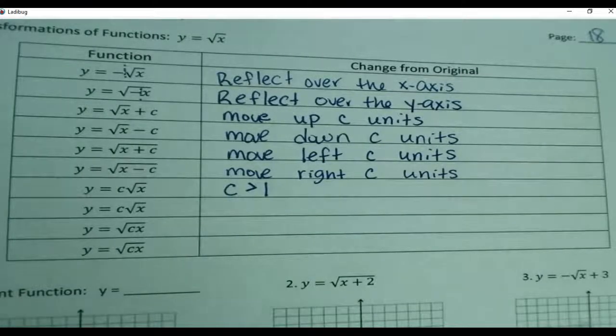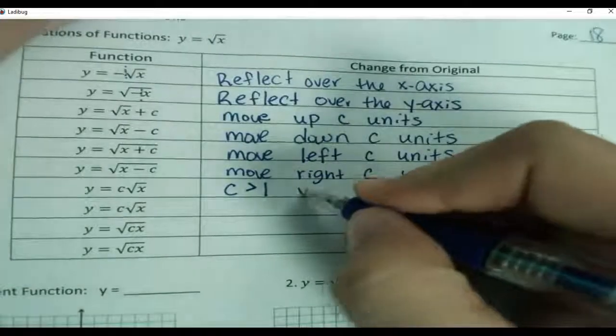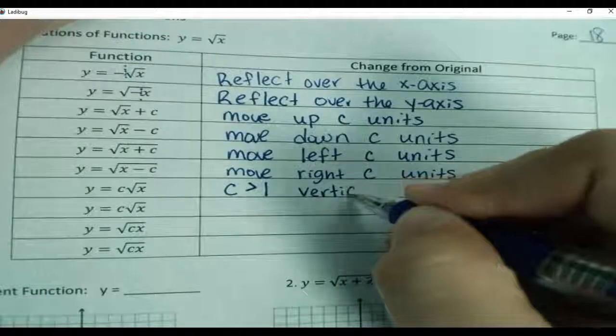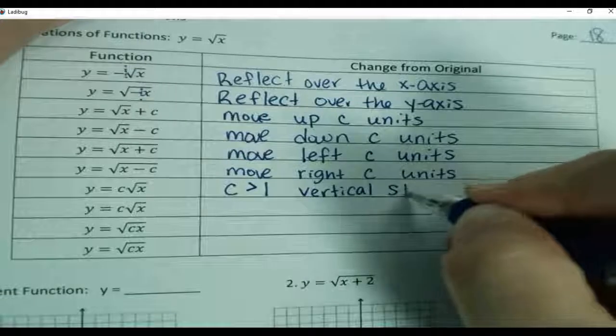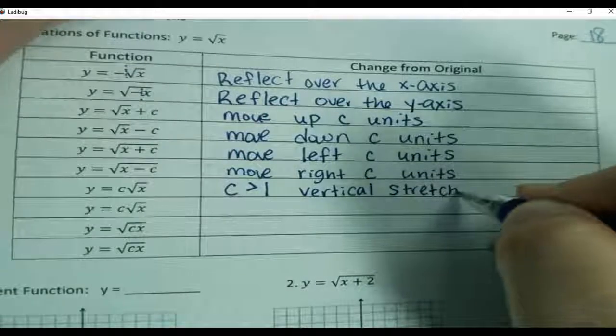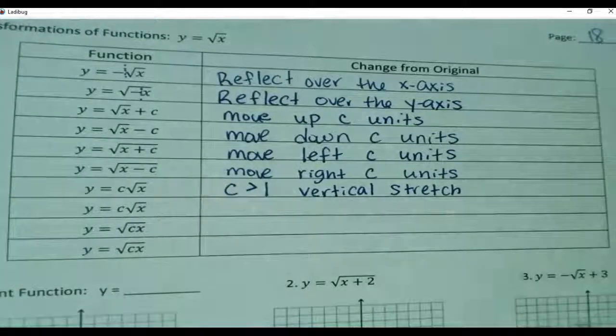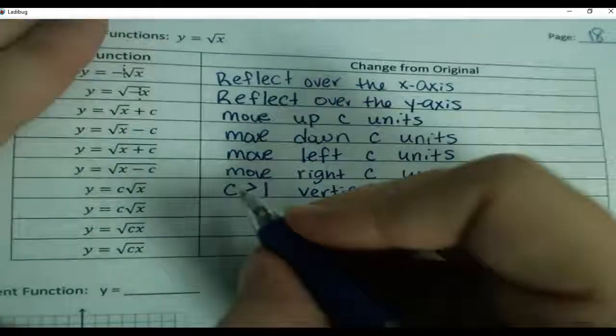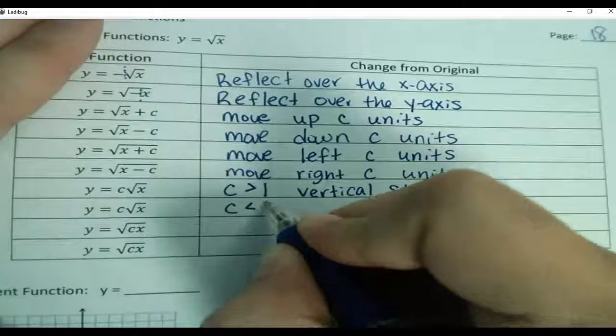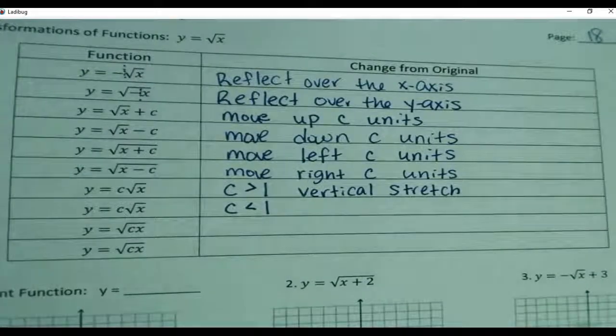So if that's greater than 1, then that is a vertical stretch. Okay, so it's taking that little curve and it's pulling it up. But if c is less than 1, so again, not a negative, but like the number, so it's a fraction or it's a decimal that's less than 1, then that's a vertical shrink.